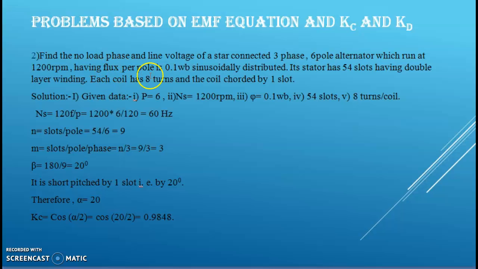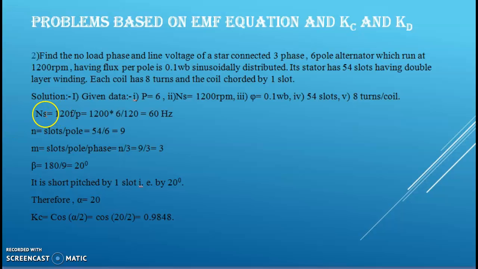Then flux per pole is 0.1 Weber, so flux phi is equal to 0.1 Weber. Then 54 slots and 8 turns per coil. And the coil is short pitched by 1 slot, so alpha is equal to beta here. Now this is the given data.